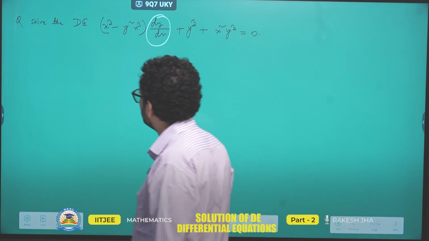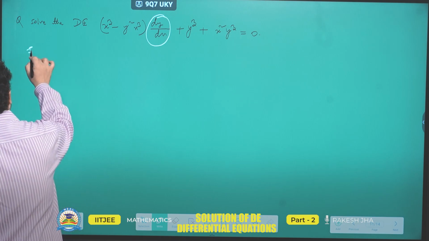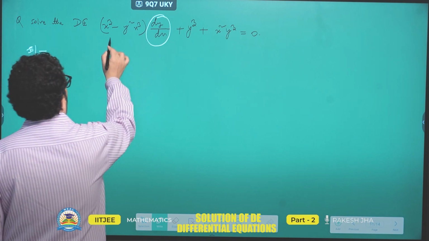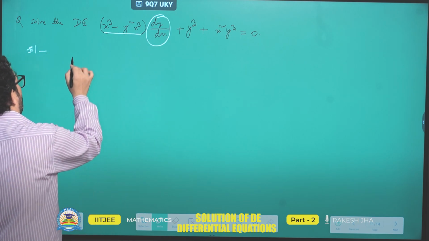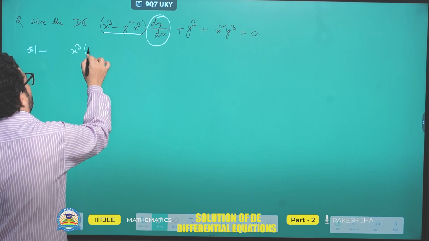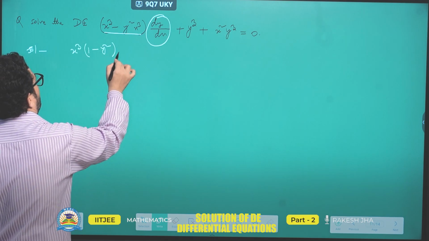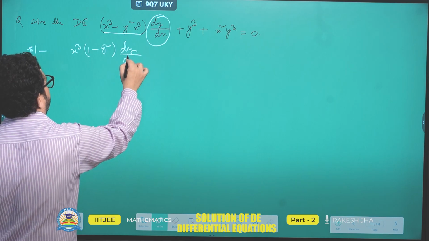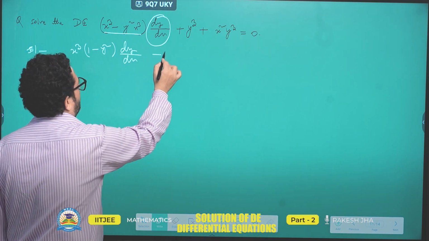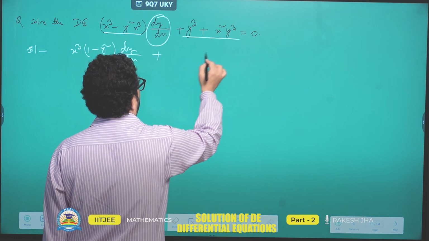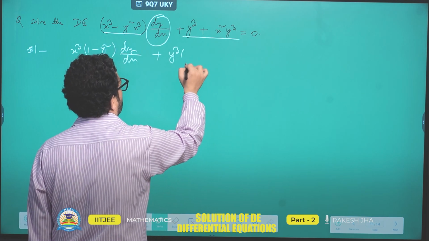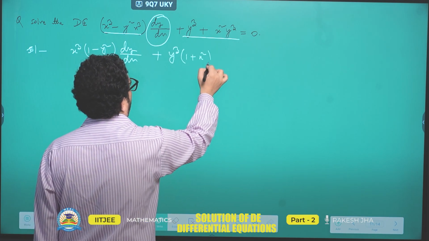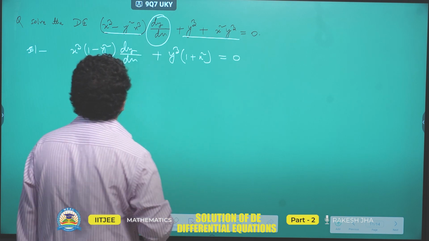So in this case, we can take x cube common. So it would be x cube times 1 minus y square, dy by dx, and then y cube can be taken common, so it would be plus y cube times 1 plus x square is equal to 0.